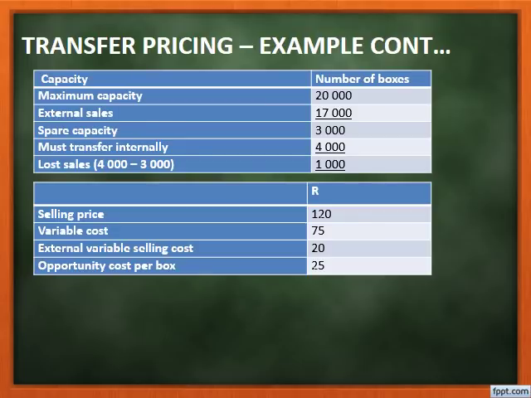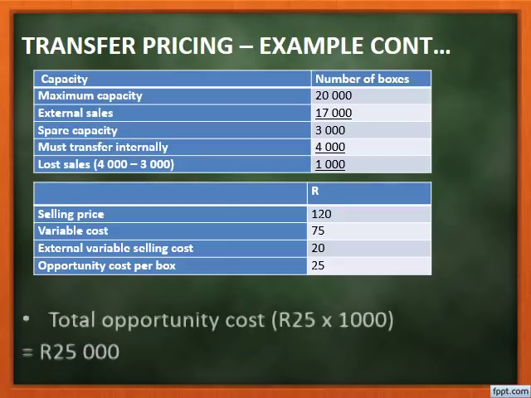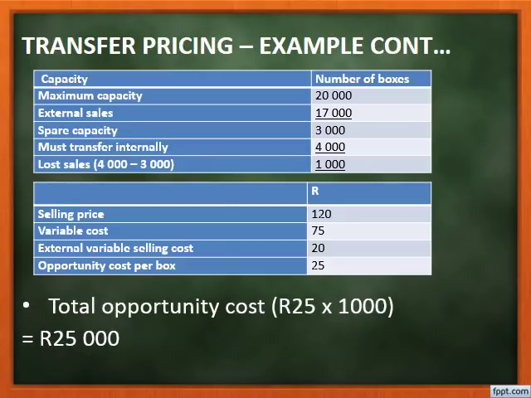Now we are taking into consideration the external variable selling cost because we are talking about external sales now. Therefore, your total opportunity cost per box is 25 Rand. The 25 Rand times the 1,000 units that will be the lost external sales equals a total opportunity cost of 25,000 Rand.